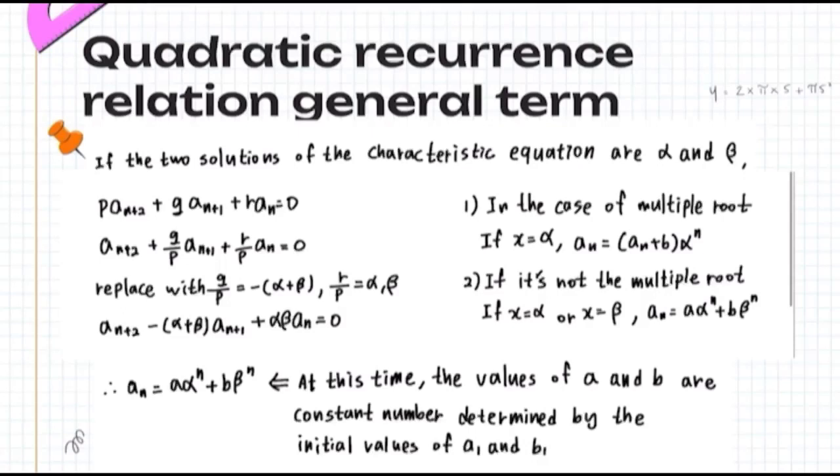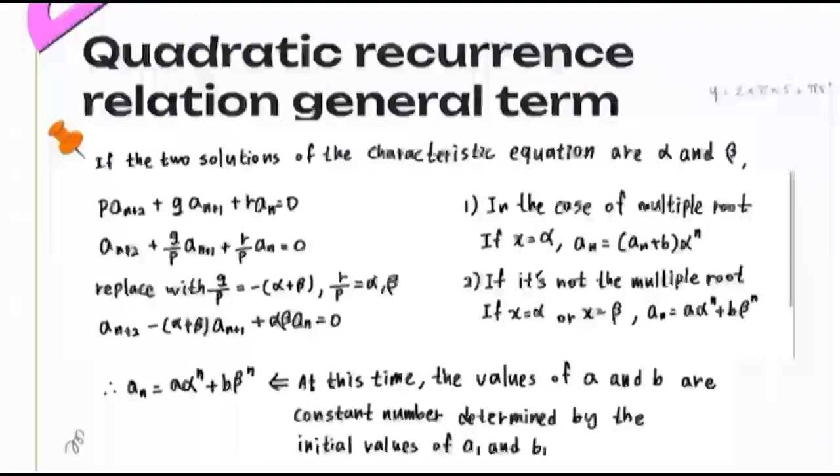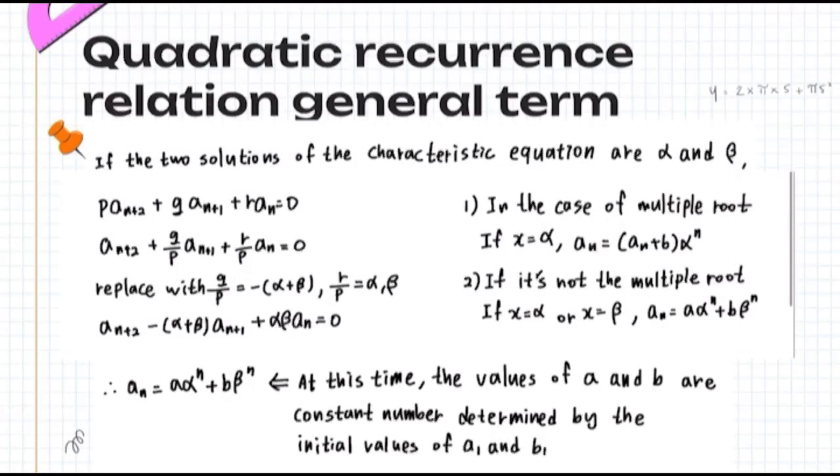Now, in the case of multiple root, if x equals alpha, an is (a n plus b) alpha to the power of n. However, if it's not the multiple root and the two roots are alpha and beta, an is a times alpha to the power of n plus b times beta to the power of n. At this time, the values of a and b are constants determined by the initial values a1 and a2.